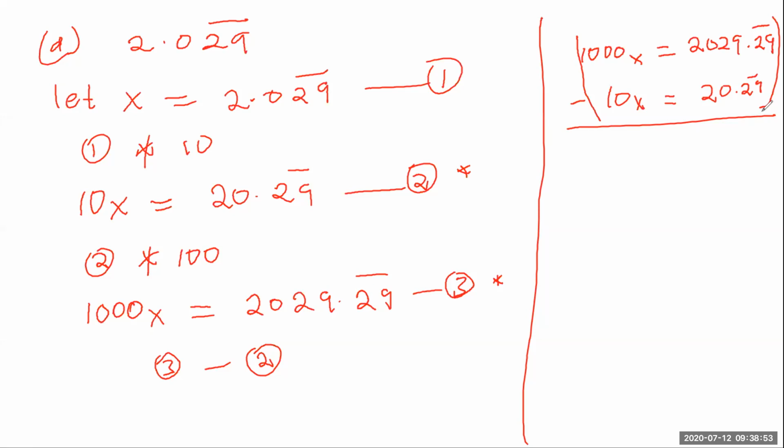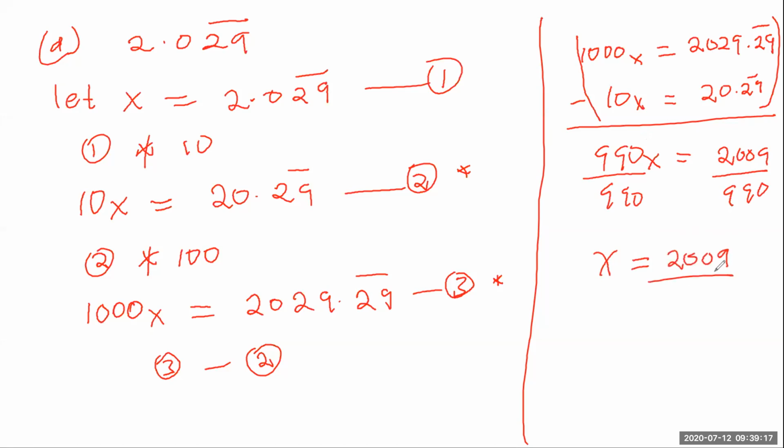I subtract the 2, and what do I have? I have 990x being equal to 2009. I'll divide both sides by 990. Divide by what? 990. And I have my x being equal to 2009 over 990. And that's my answer.